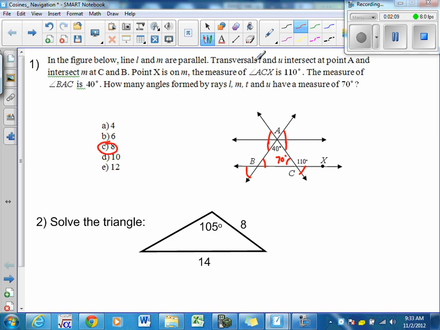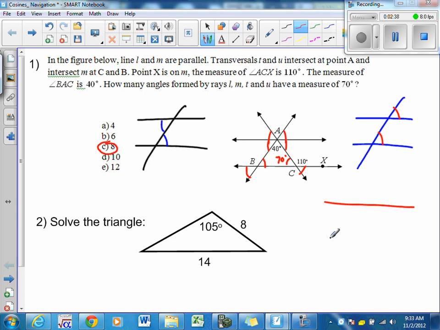So we need to understand all of those rules from geometry. Two parallel lines cut by a transversal: opposite interior angles are equal. Two parallel lines cut by a transversal: corresponding angles are equal.